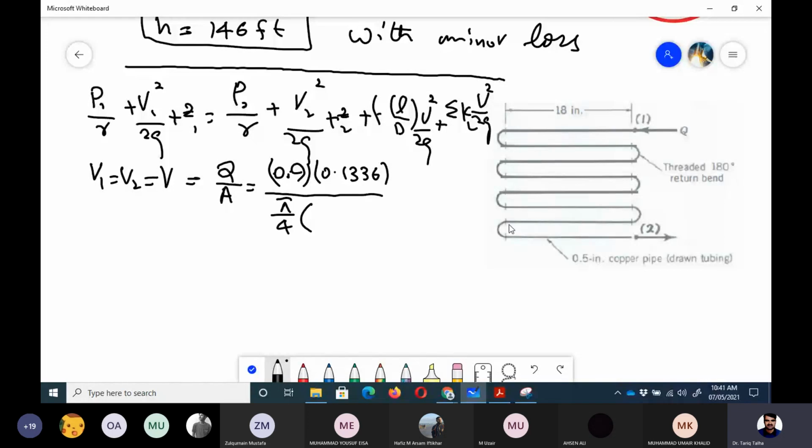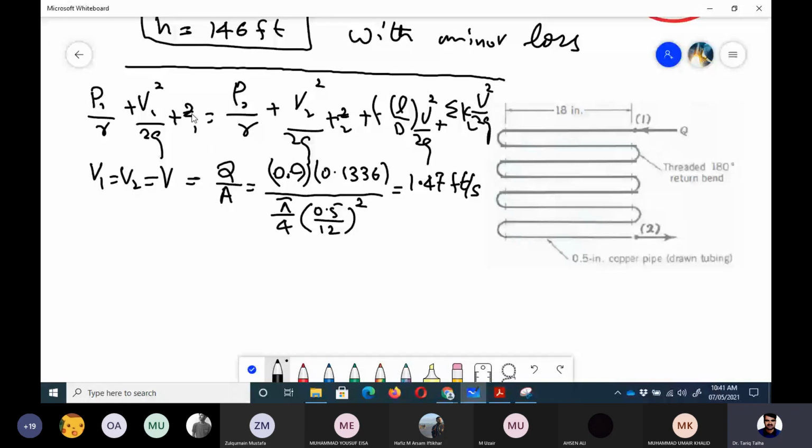So 0.5 inches we need to convert into feet. The value of velocity comes out to be 1.47 feet per second. So velocity is known.